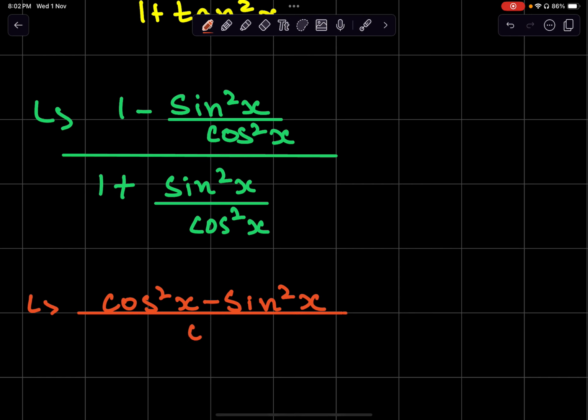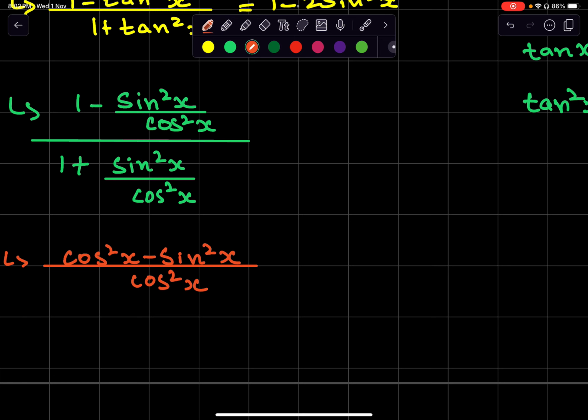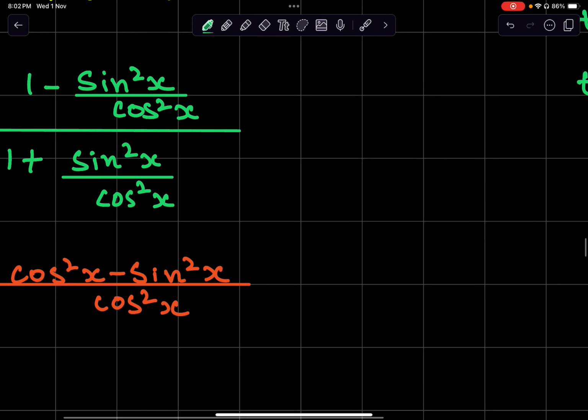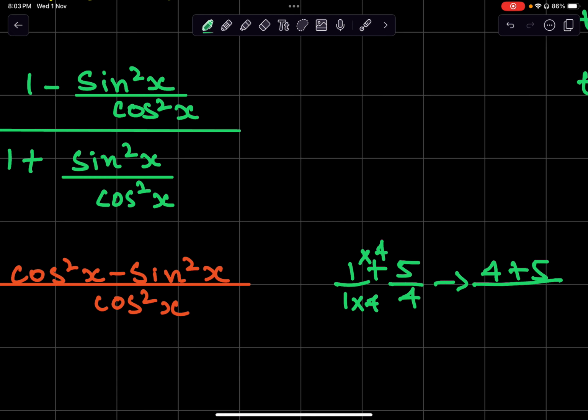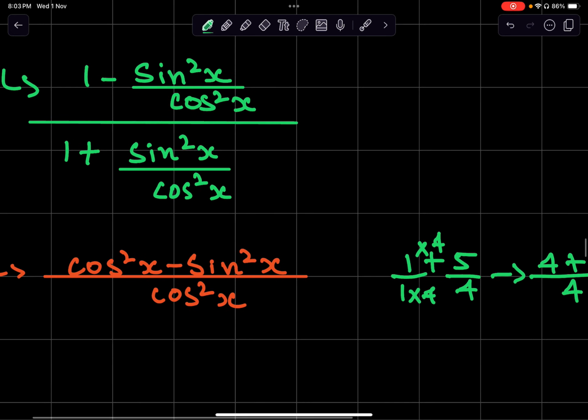Basically, what we did is that, let me show you if any of you get confused at this stage. Suppose you have 1 plus 5 upon 4. How are you going to add this? You're going to take the LCM. The LCM of 1 and 4 is going to be 4. So you multiply the bottom by 4 and the top by 4. So you get 4 plus 5 and the common denominator as 4. That is exactly the same thing we have done here.